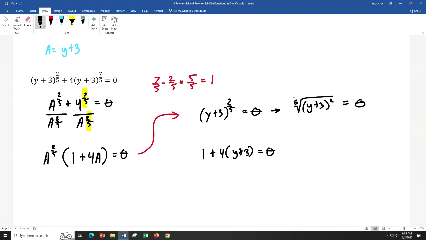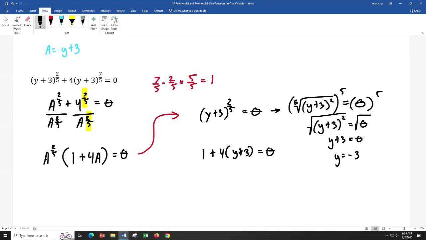To get rid of that, I'm just going to raise everything to the power of 5. That's nice because that gets rid of the fifth root, and this just turns into y plus 3 squared, all equal to 0, which once again, I can just take the square root of both sides, can I not? And I get y plus 3 is equal to 0, and here I get y is equal to -3.